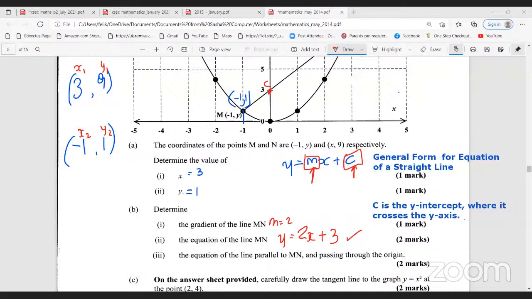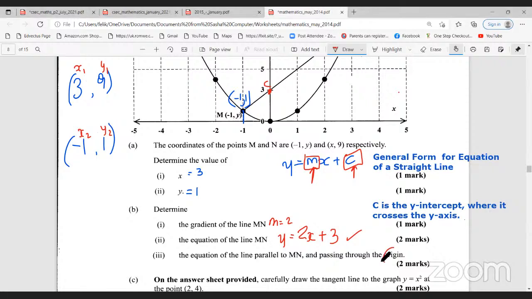The equation of the line parallel to MN and passing through the origin. That's the last thing that we're going to do because the next part you need the graph.